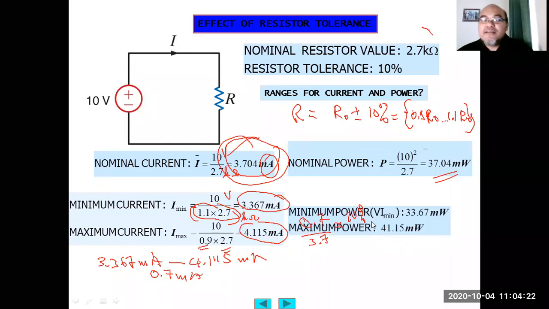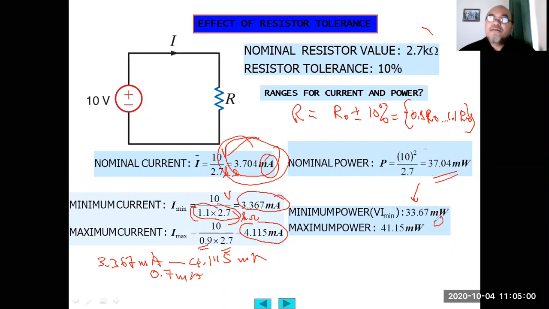Okay, so similarly with the maximum power and minimum power, the range will be from 90% of the power here, 37.04 milliwatt, which is 33.67 milliwatt, to 110% of the nominal value, which is 41.15 milliwatt.